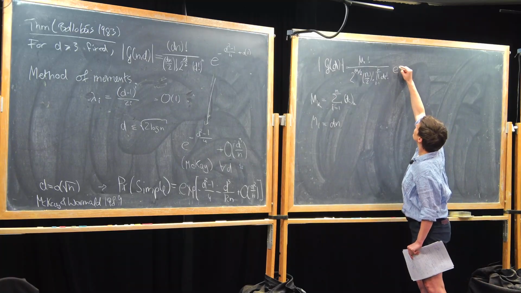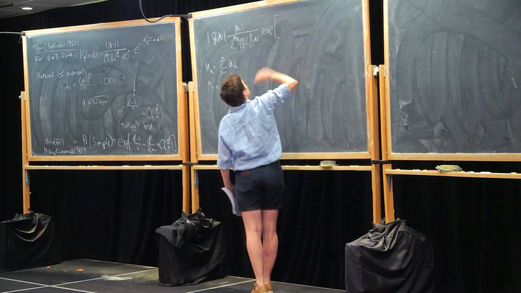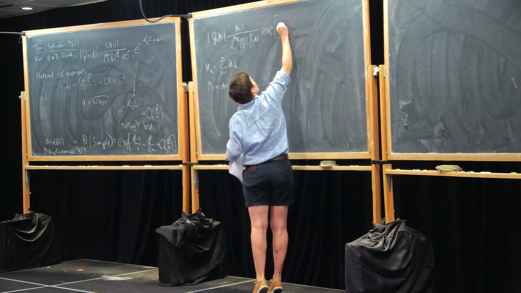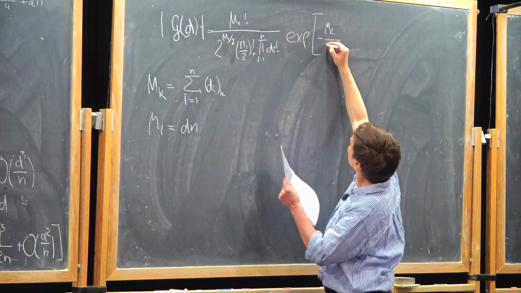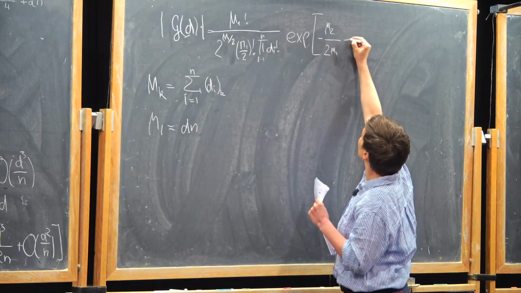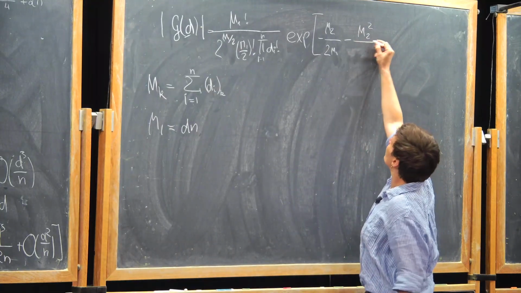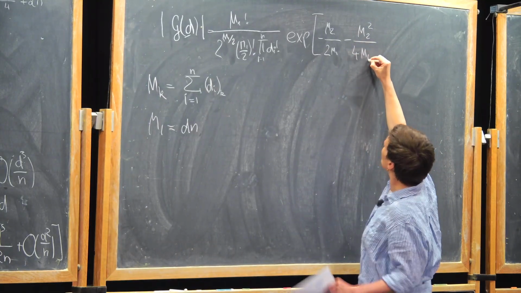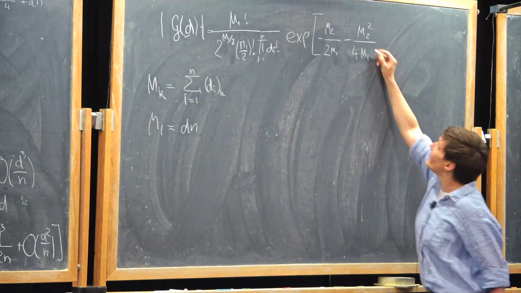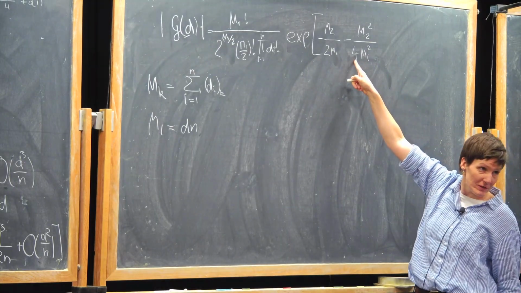And the formula is this, exp of minus m2 over 2m1 minus m2 squared over 4m1 squared, and that is the typo in the notes.